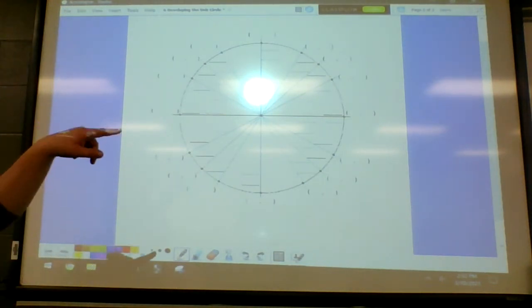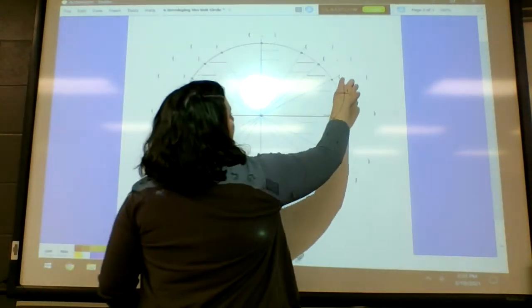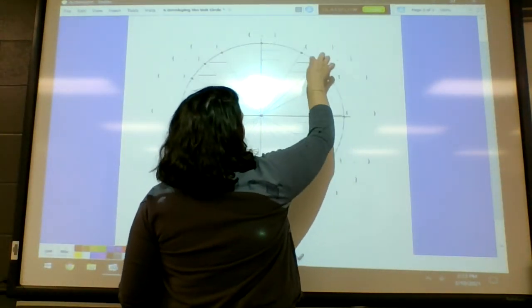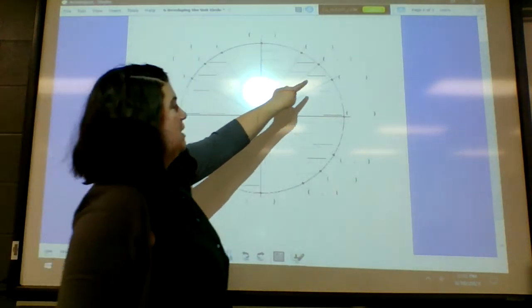All right, if you flip the page, we're going to go back and forth a lot between these two pages. This is kind of the shell of a unit circle, all right? And so what we're going to do is slowly start filling in all of these values. Our goal is to tell the XY coordinate points at each of these locations around the unit circle. You see all the little points?